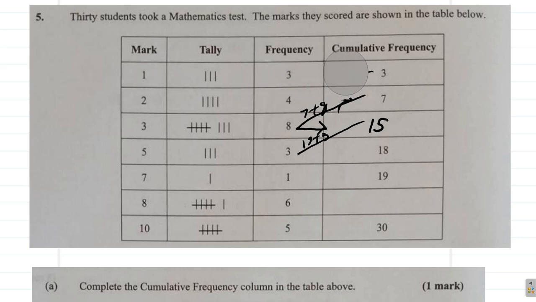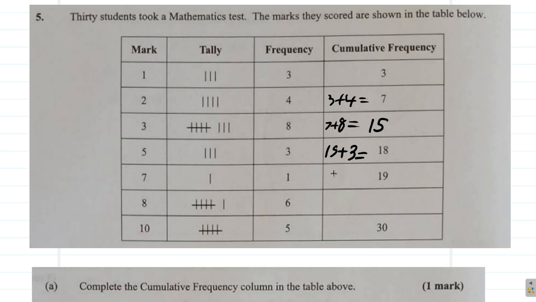So 3 plus 4 equals 7. 7 plus 8 is 15. 15 plus this 3 here gives us 18.